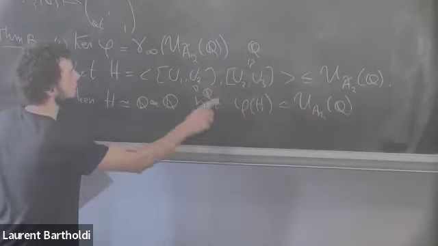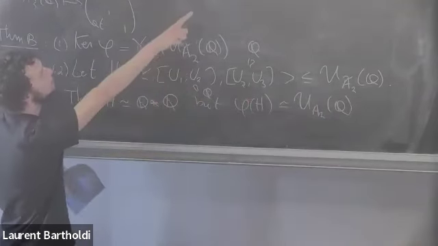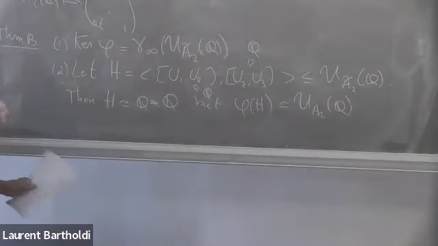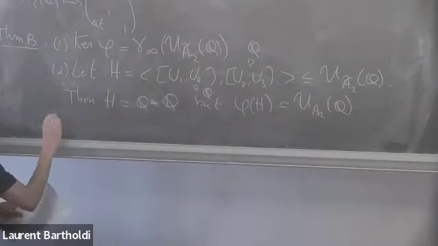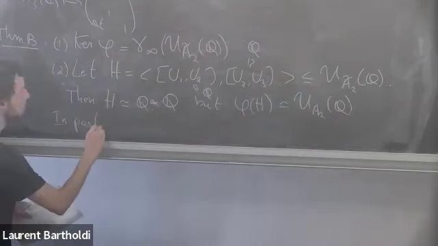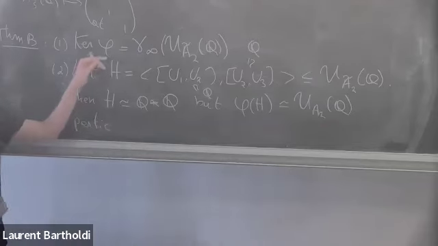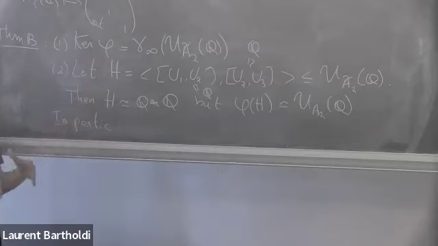So these two copies in the image just generate this Heisenberg group. So in particular, there are many elements in this kernel, and you can give explicit elements in this kernel.